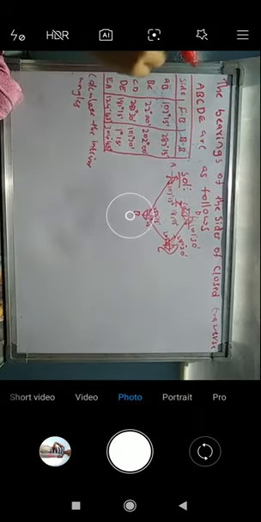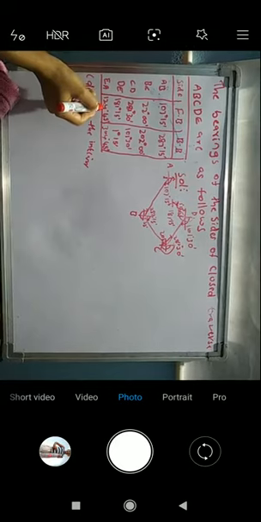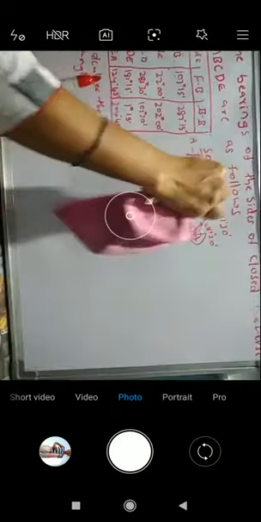Okay, and then the last one, EA. 124 degrees 45 minutes means it starts from the second quadrant and ends at... so I am writing this one.